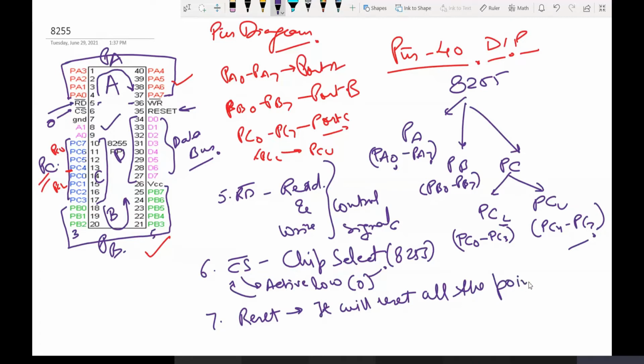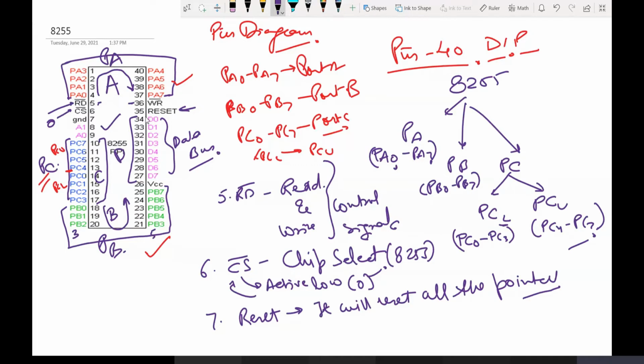The data pointer, address pointer, stack pointer, there are many pointers running the moment we execute a program. So it is about resetting and sending the signal back to the pointers so that they fall back to their ground state. Okay, so this is your reset part.